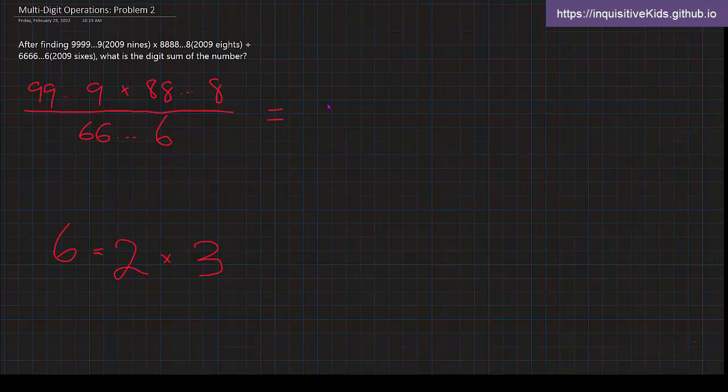Sure we can. We can split this 9 up into 3 times a lot of 3s, and split this combination of 8s up into 2 times a lot of 4s, and divide that by the bunch of 6s.